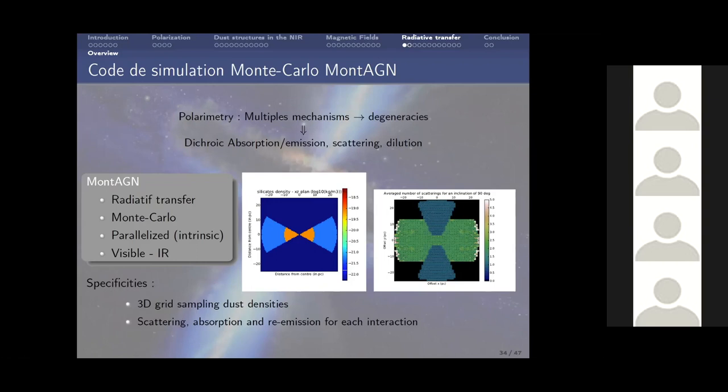We can choose between silicates, graphites, but also more critically for us, PAHs and electrons in the very central part of the AGNs. Because of the mechanisms included, it's mostly working between the visible and the infrared. It can technically work outside of this range, but it's not guaranteed because we would need to include more effects to represent the physical reality decently.